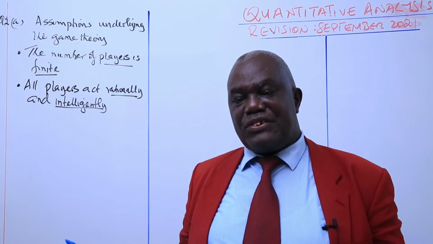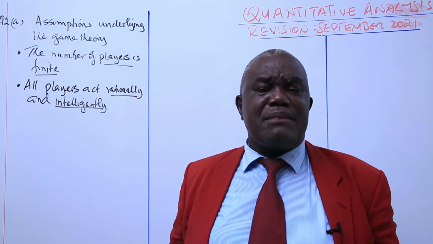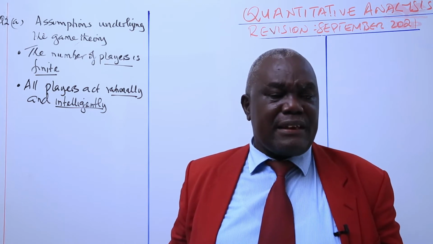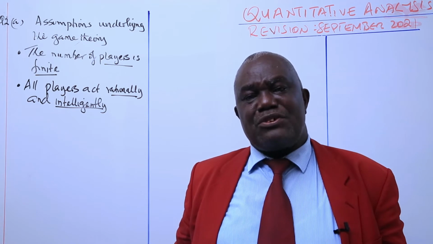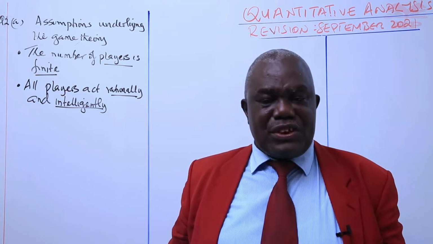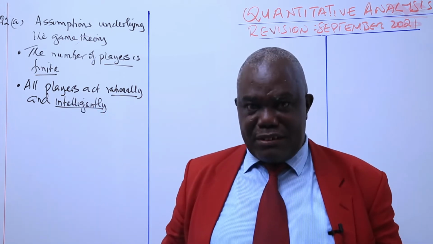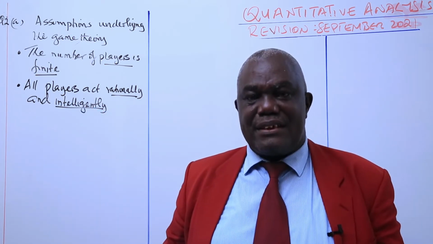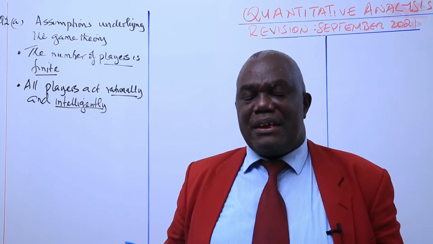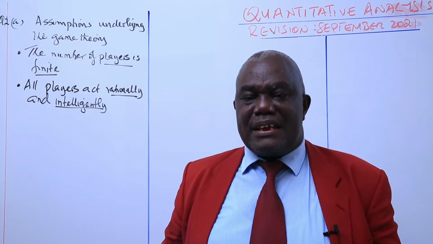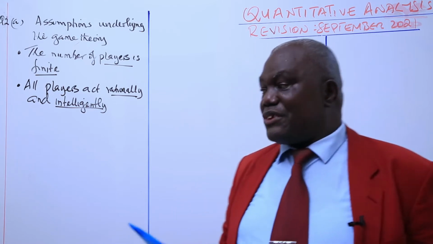Because if you are in business and I want to sell items, I must be aiming at making maximum profit possible in an acceptable manner. So there's no company, there's no business person that will be going to make losses. That's what we mean that you act rationally and intelligently. You must be quick at thinking and reasoning in whatever you are doing so that whatever your opponent is doing, you can counter. That is acting rationally and intelligently, that you are able to sustain yourself in that competition.